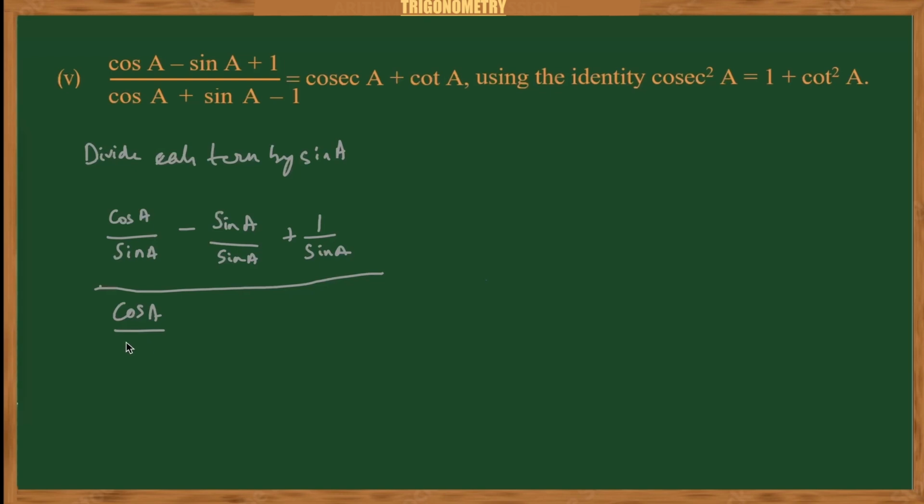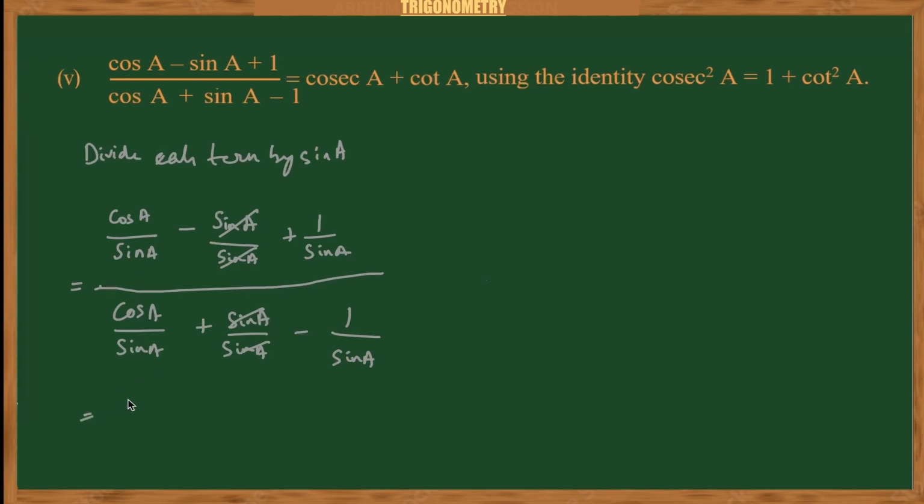Cos A divided by sine A plus sine A divided by sine A minus 1 divided by sine A. Here sine A gets cancelled, it becomes 1. Here also sine A gets cancelled. Let's further simplify it.